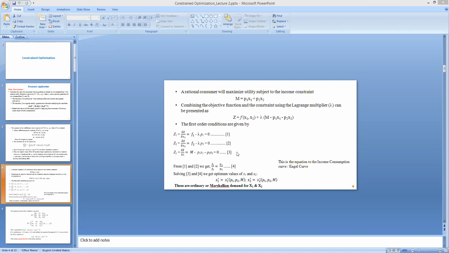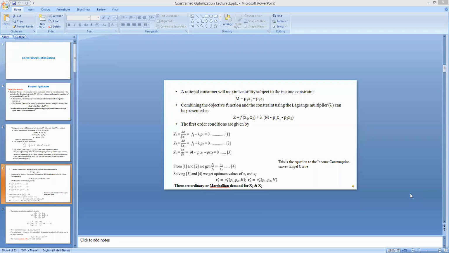Solving these two equations, the budget line as well as the ICC, we get the optimum values of x1 and x2, given by x1 star and x2 star. x1 star and x2 star are functions of p1, p2, and m. The way we derive the demand curve is called the ordinary or the Marshallian demand. So these two demands, x1 star and x2 star, are functions of p1, p2, and m.